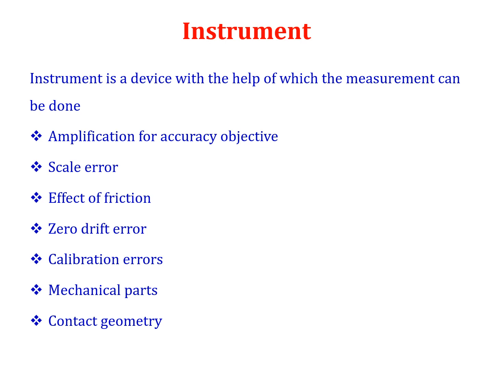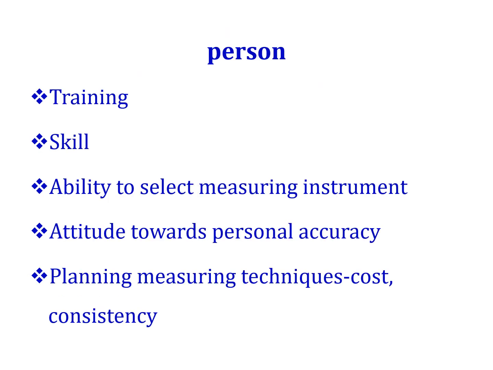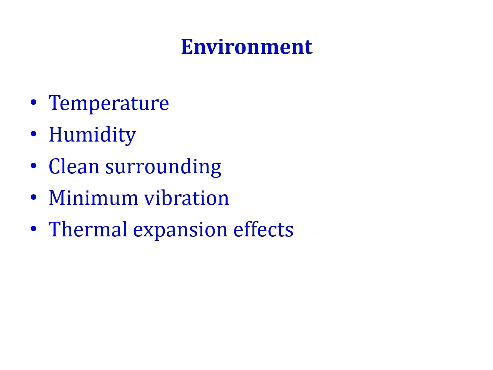Another thing is the instrument, which is a device used to measure. And the person who is going to measure, the metrologist, should be skilled labor. He should be able to correctly select the proper measuring instrument and do the measurement with accuracy and precision.